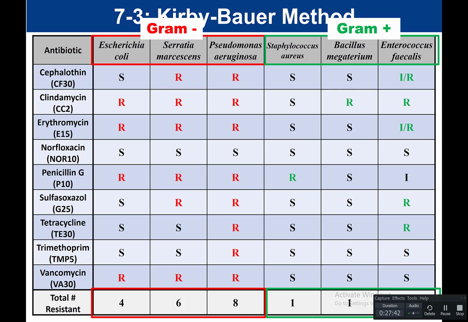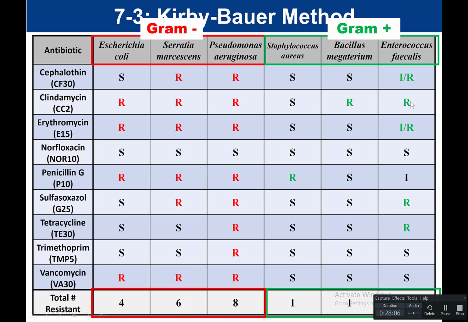And so again, you need to understand that you need to measure your zones of inhibition, and then you would take those numbers and compare them with that standardized table, and then you would record S, I, or R to see if bacteria are sensitive, intermediate, or resistant.